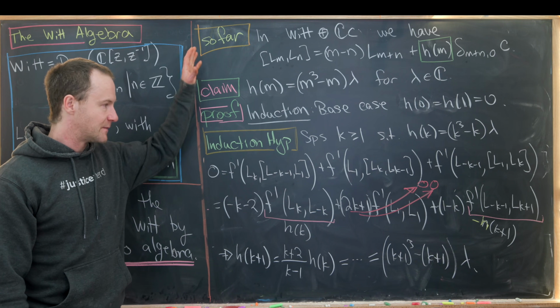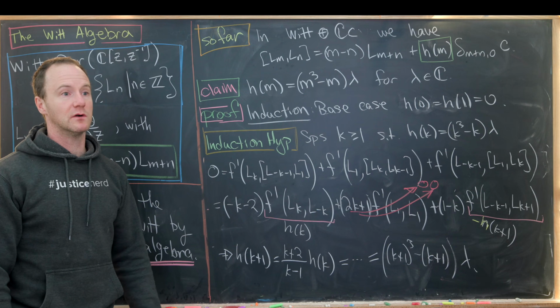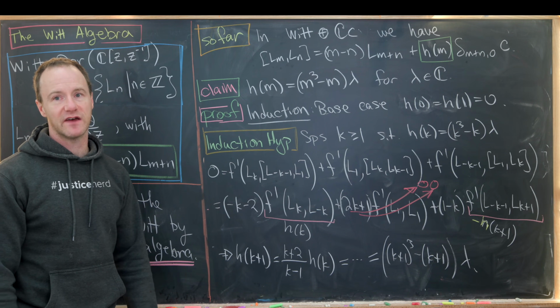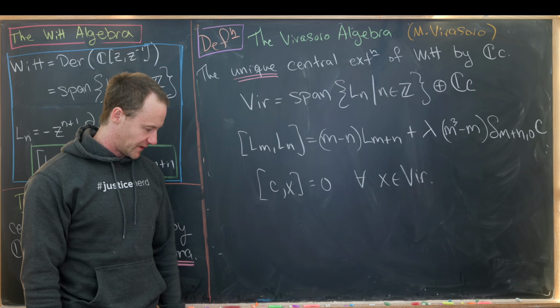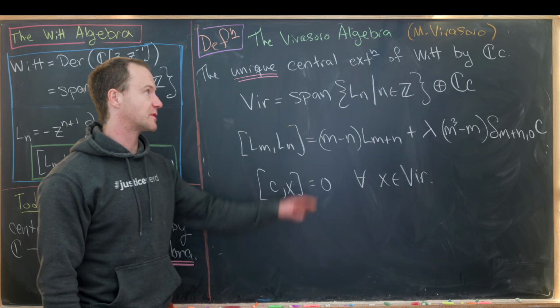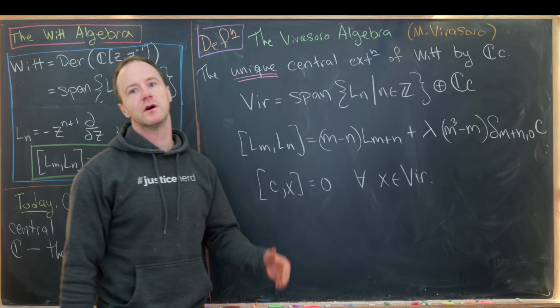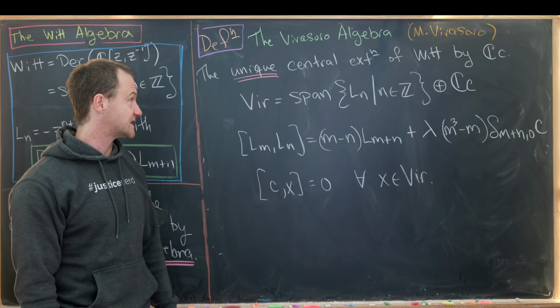Okay, so anyway, let's get rid of this, and then we'll present the final definition of the Virasoro algebra. Finally we're ready for the official definition of the Virasoro algebra, named for M. Virasoro, a mathematical or theoretical physicist.